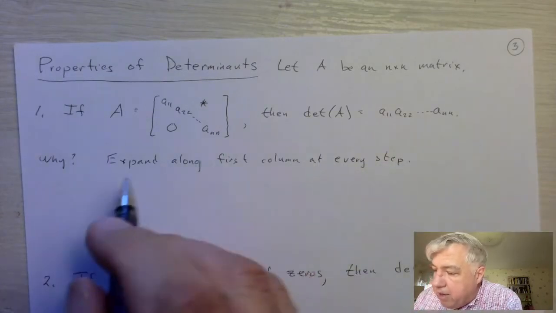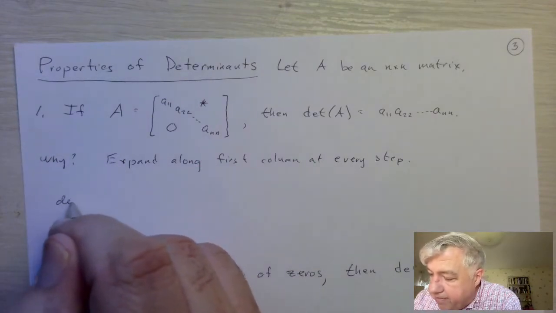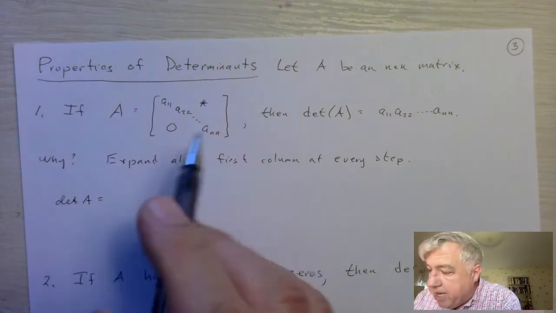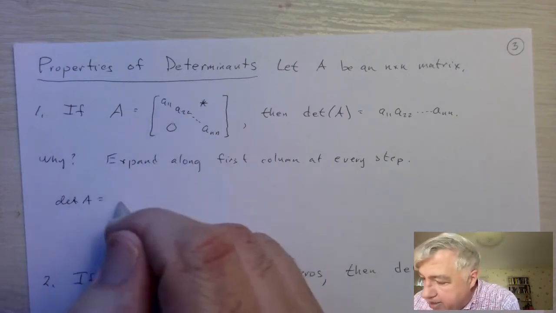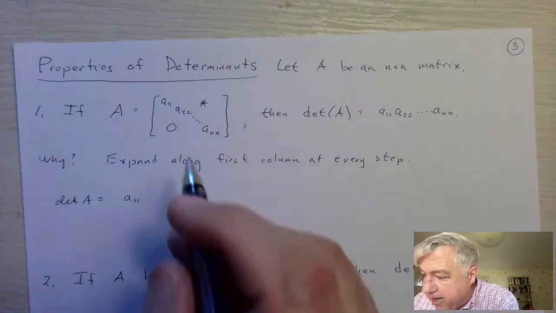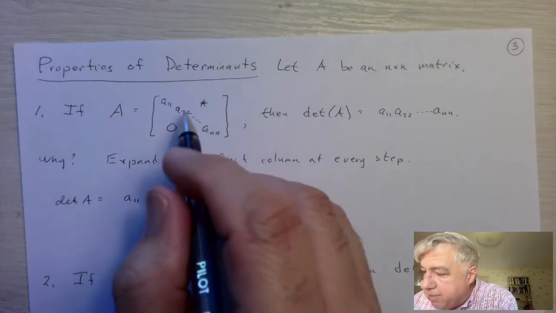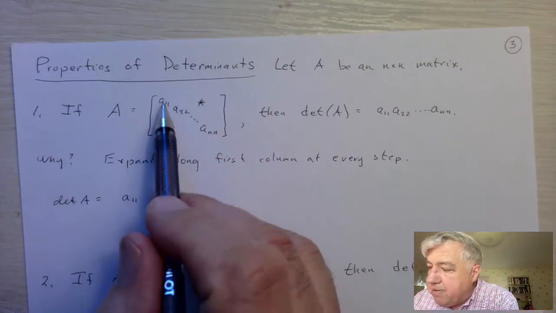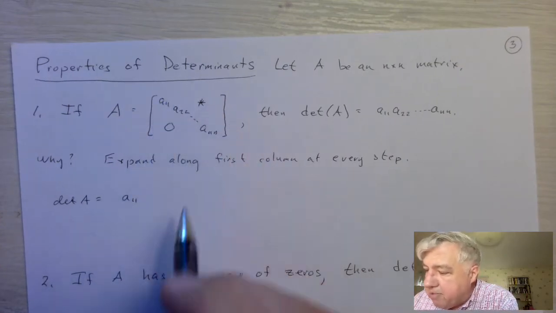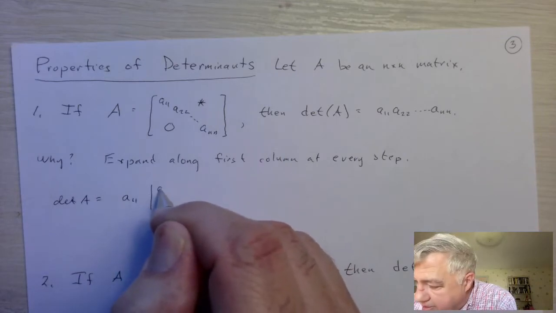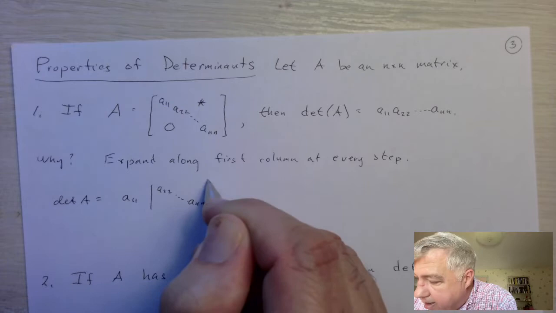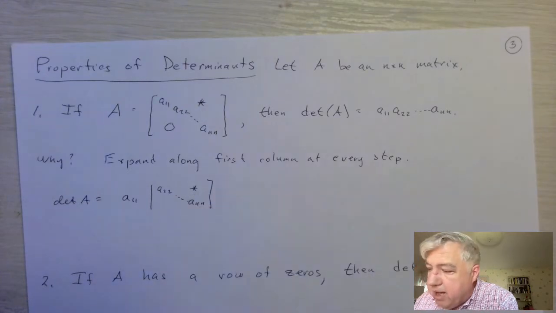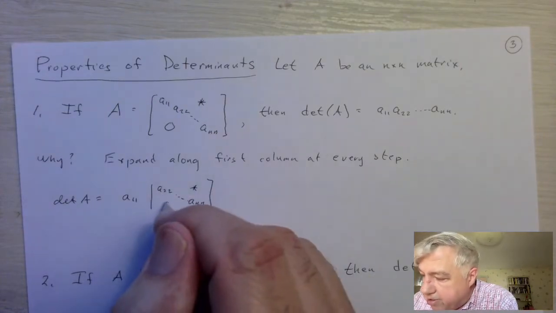So the determinant of A, in this case, if we expand along the first column, we just have one non-zero entry. It's going to be A11 times the determinant of, we cross this column out, this top row out, and we get A22 through ANN, and again we'll have some junk up here, and then zeros underneath.